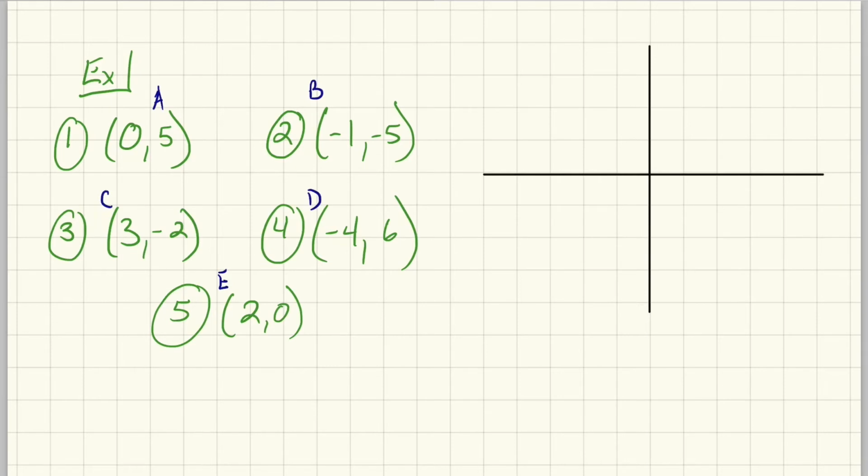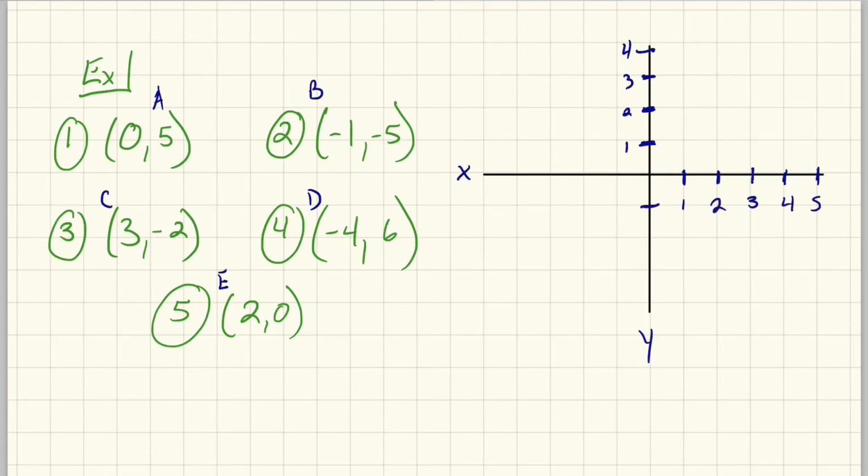And then we have to go and create our coordinate plane. Label our axis for the x-axis and the y-axis. We're going to make our little tick marks here that show where I'm counting. Same thing all the way around. 1, 2, 3, 4, 5.